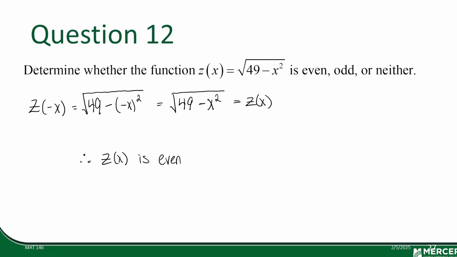If anything else was different, like say it was 49 plus x squared, it would be odd, so it wouldn't be even in that case. To be odd, your result would have to be negative square root of 49 minus x squared. That would be odd. So if you can't get either one, it's neither.